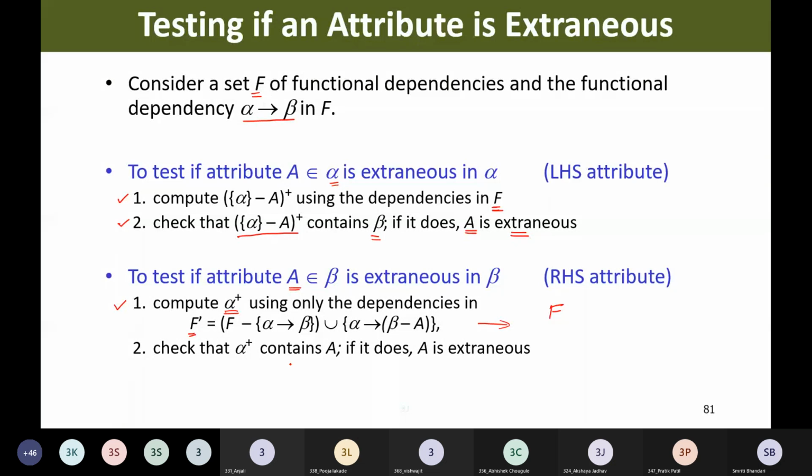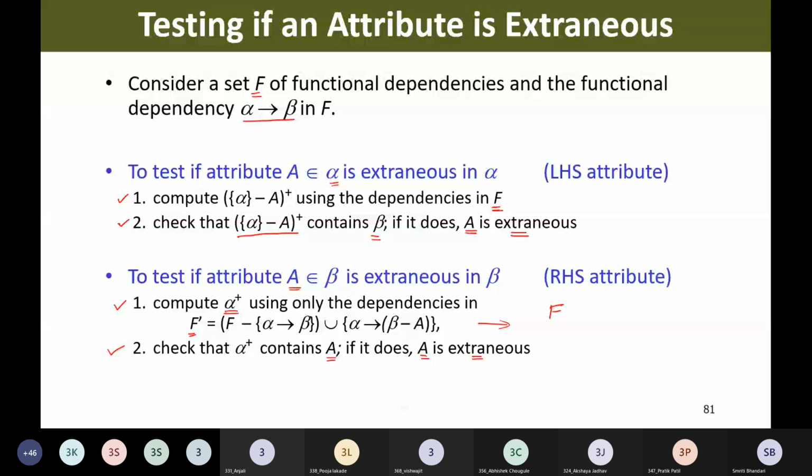Okay? So, let us solve now one problem. Testing if an attribute is extraneous given the set F. So, given the set F of functional dependencies as AB to CD, A to E and E to C. And we would like to check if C is extraneous in the dependency AB to CD.